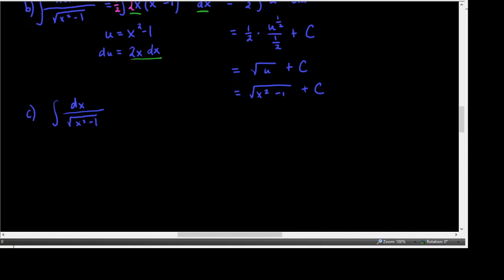In fact, we can't do this one yet. With what we know, we cannot find this antiderivative. It's very possible, in fact probably, that if you just randomly made up an integral, the chances are very good that you'd make up something that you can't integrate with what you know right now, or perhaps even something that nobody can integrate.